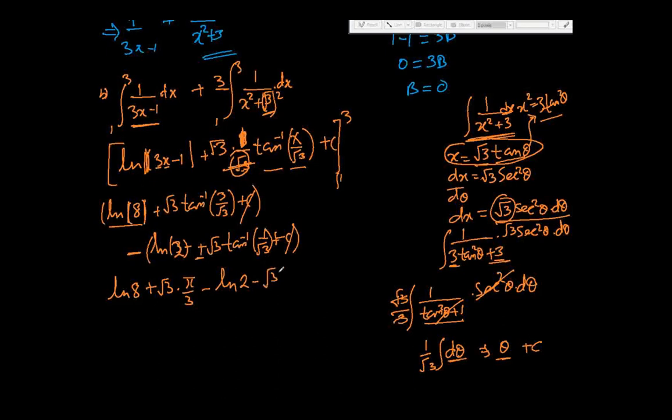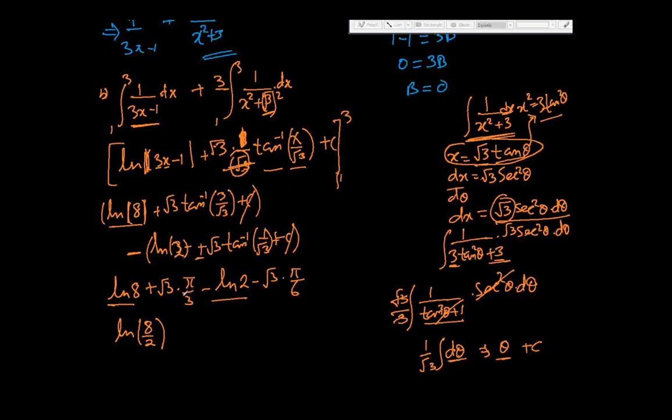Tan inverse 1 over square root 3 is pi by 6. So this len and this len can be made 1 len 8 divided by 2, because they are subtracting. And I'm not going to cancel this out because otherwise the denominator will become a square root, which is not allowed.